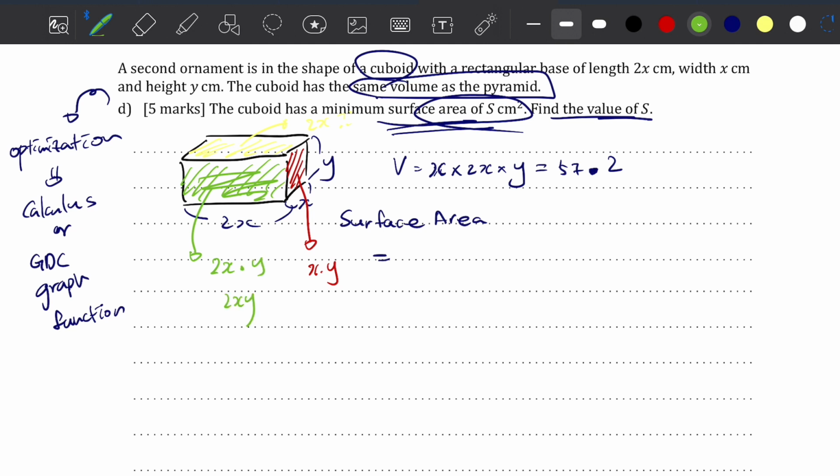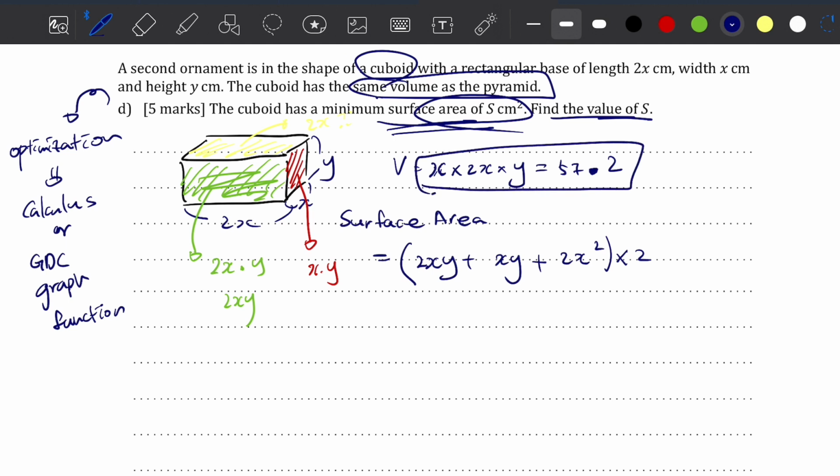So we have sides with areas 2xy, xy and 2x squared. We have to add all of these to find the area. However, there are 2 of each, so we multiply the whole thing by 2 to find the total surface area.